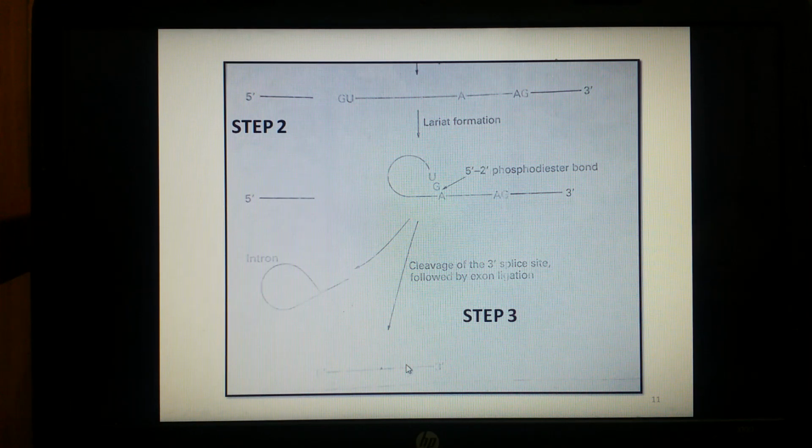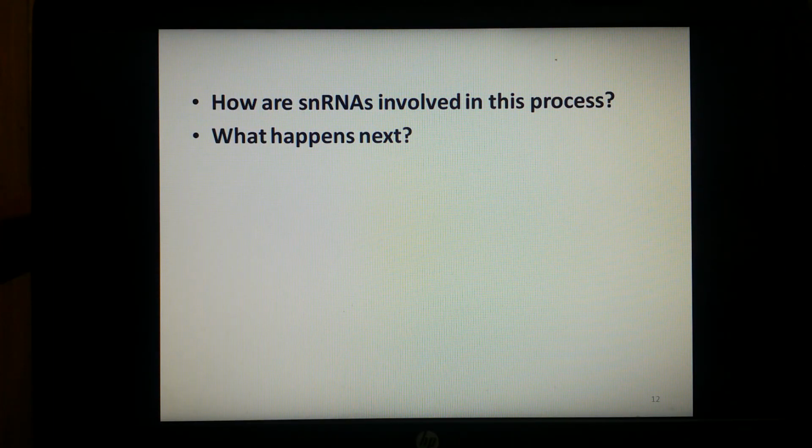The two exons, this end and this end, join together, and this is basically the entire process of intron splicing of GT-AG introns. Now the question arises how the small nuclear RNAs are involved in this process of splicing, and what happens next. We will discuss these steps in the next slide.